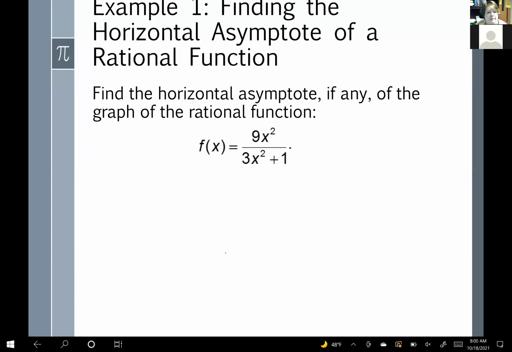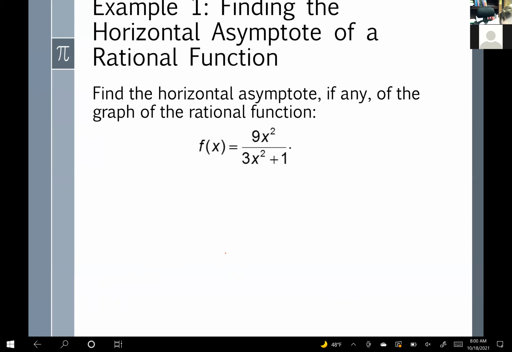Okay, so for example, here's my rational function, f of x equals 9x squared over 3x squared plus 1. So if we look strictly at the numerator, the largest exponent on any one of my terms, I only have one, the largest exponent up there is 2. So the degree of the numerator is 2.